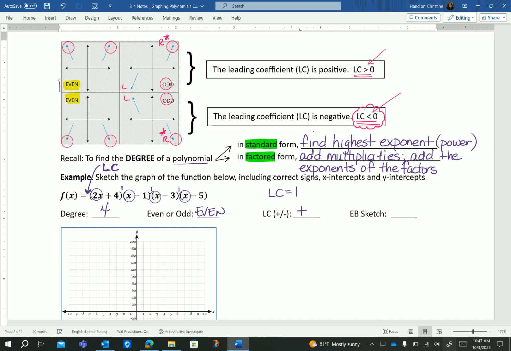And I know that it has to be a leading coefficient where it's positive. And the leading coefficient here is positive right here. So this here has to be my answer, okay? So my end behavior sketch says that my arrows for this graph are going to be pointing both up, okay? Both of them will be pointing up.